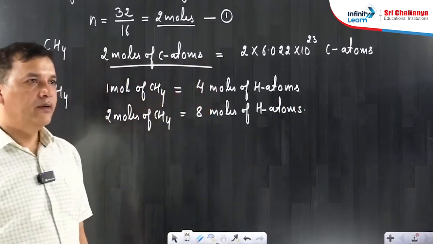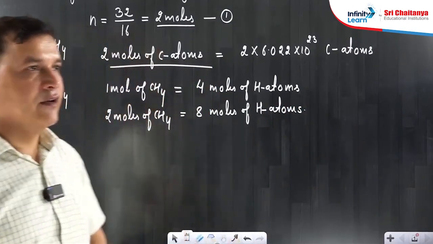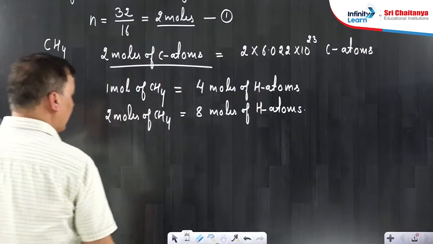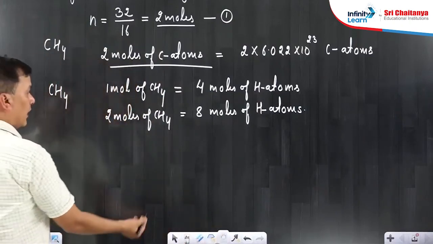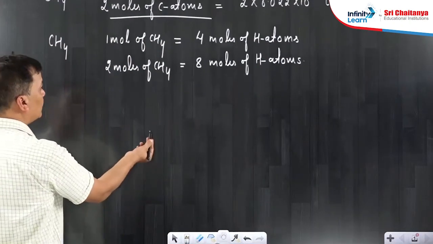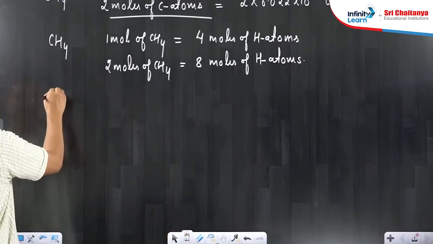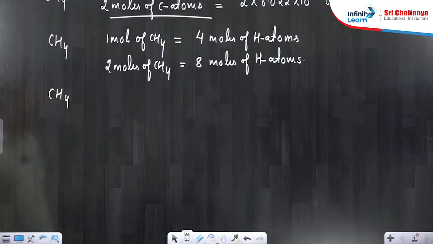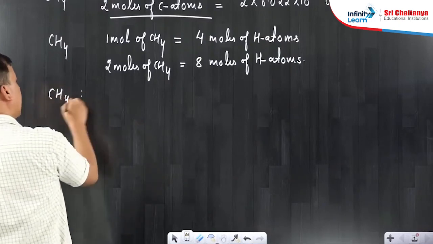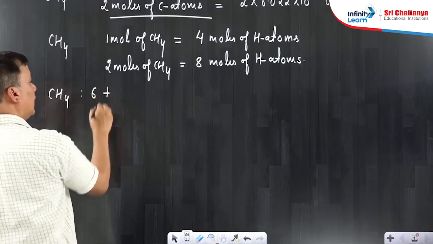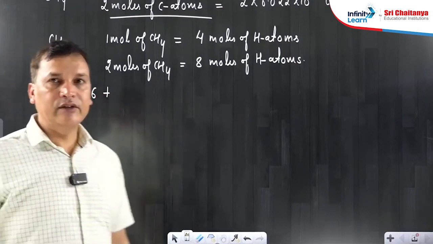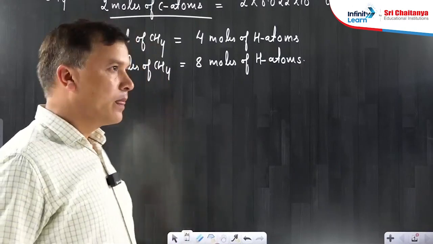Is that clear? Very nice. Now dear, next is how many electrons are there? In case of methane, what is the total number of electrons? In carbon there are 6 electrons, and in each hydrogen there is 1 electron.